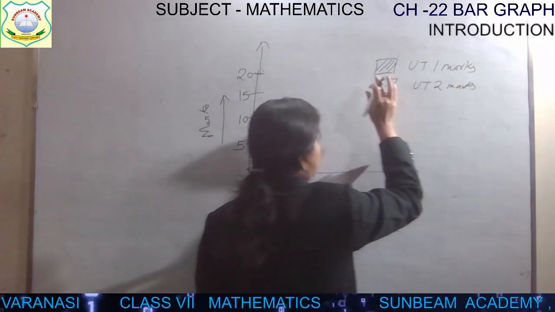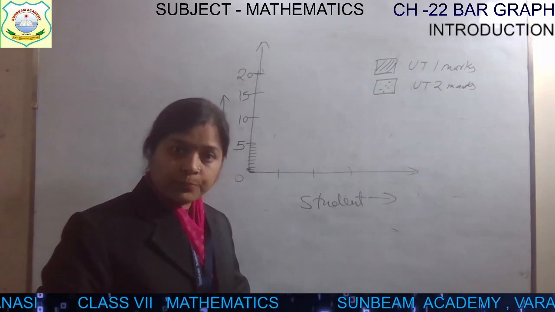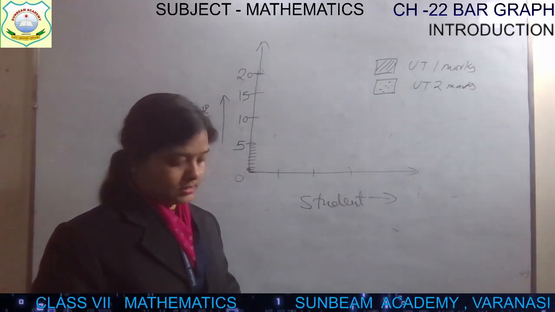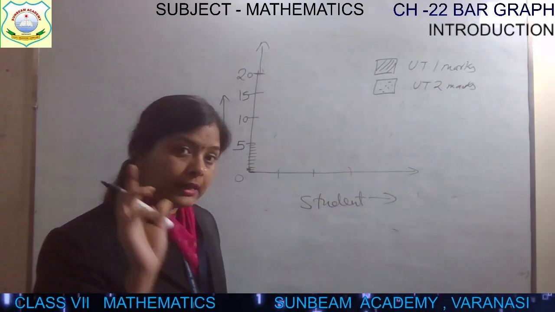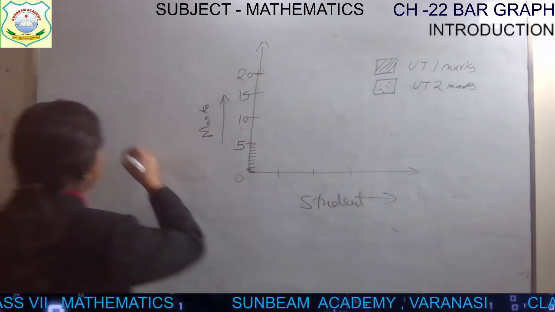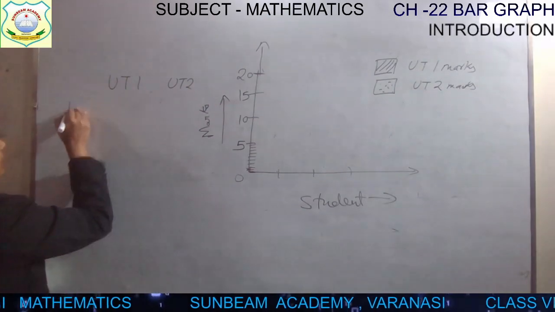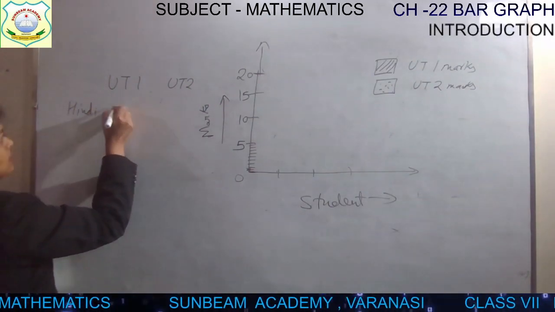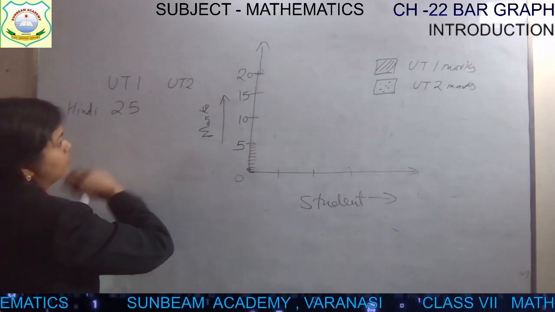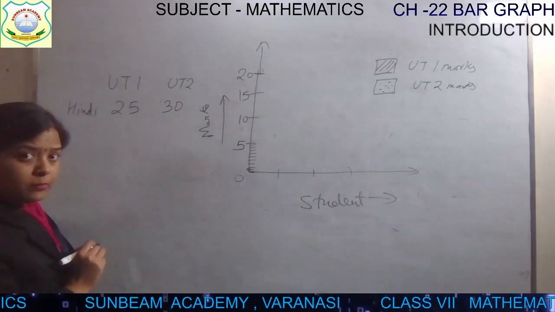You have to specify which bar you are using for which particular category, कौन सा आप किसके लिए यूज कर रहे हैं, and then only you can design it in that way. So like in Hindi, in UT1 and this is UT2, if in Hindi your marks is 25 and in UT2 your marks is 30, how you will plot the graph?